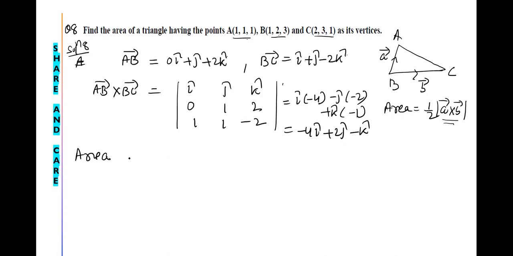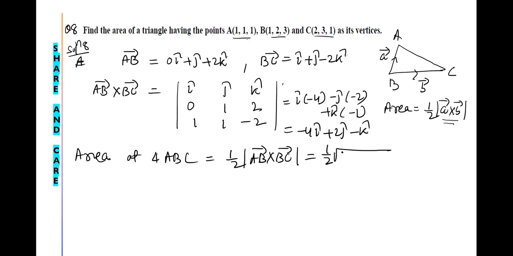So we need the area. Area of triangle ABC equals half of magnitude of AB cross BC. Half of the magnitude of the cross product here is half of the square root of 16 plus 4 plus 1, so we get half of root 21 square units.